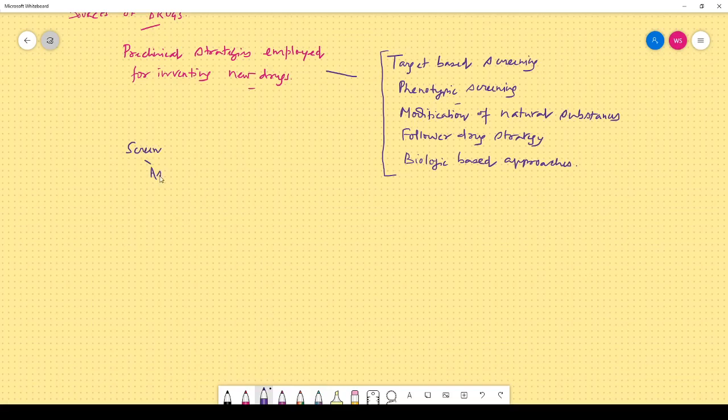A screen is an assay. Okay, a screen is basically an assay. So we can do target-based screening. What is target-based screening? Target-based screening is a non-cellular approach.